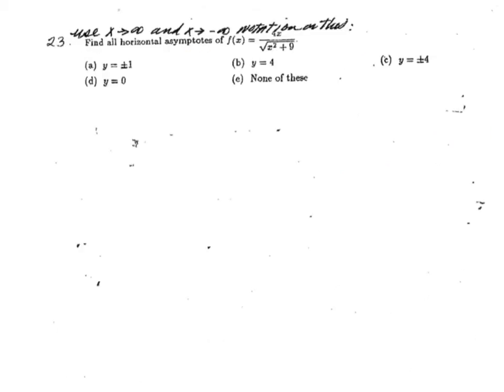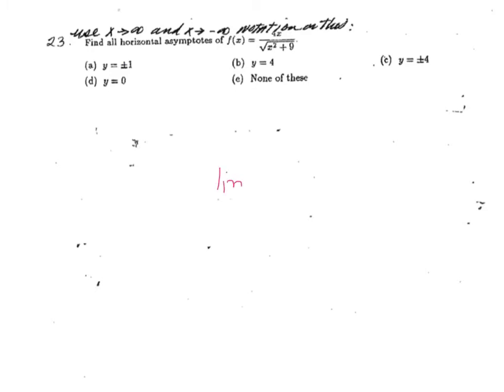For number 23, we want to find all the horizontal asymptotes for our function. And since we're taking the square root of a square in the denominator, the degrees are the same. So our horizontal asymptote will be at 4. However, we'll have 2 horizontal asymptotes for this one, since the bottom will always be a positive number and the top can alternate between negative and positive.